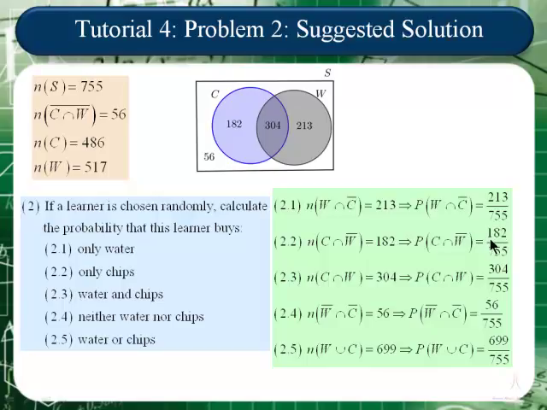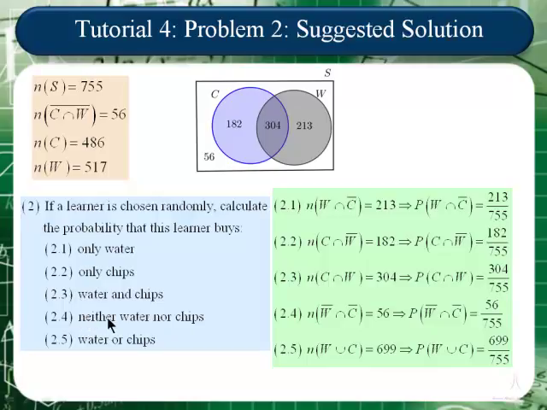So therefore that probability of a learner buying only chips is 182 over 755. Of course you can express that as an approximate percentage. The third one, that the learner will buy water and chips, here we focus on the intersection of the two, where the cardinal number is 304, and that probability that he will buy water and chips is clearly 304 over 755.